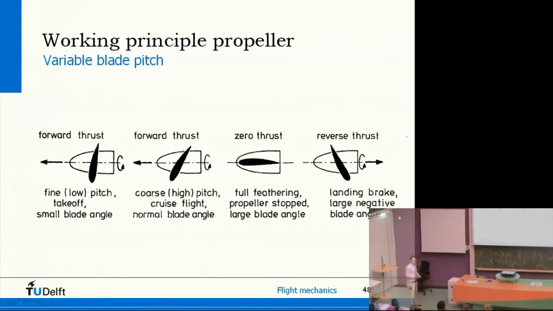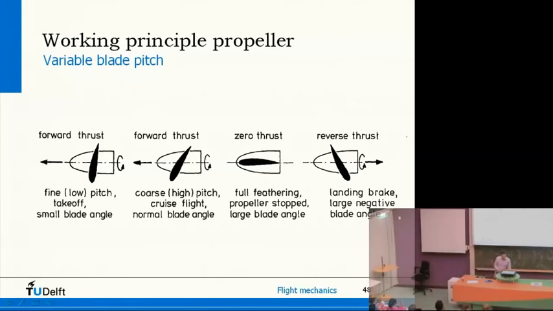So most propellers of turboprop planes can actually change the pitch of the blades during flight. So if they go faster, they change the blade angle. Maybe if they have an engine failure, you could put it such that it doesn't create that much drag, so you can glide well. And when you're landing, you could actually make reverse thrust with a propeller. So this is a nice feature.